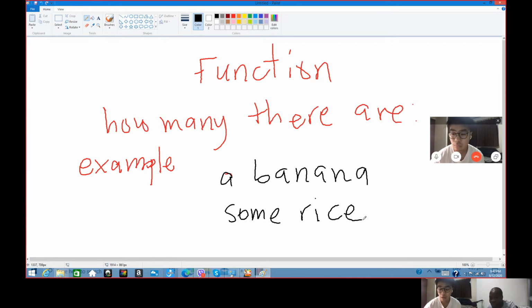We don't say, do you have a rice? No. We don't use a with uncountable nouns. I will give you the grammar later on. Let's go slow by slow. I don't want to come in with a different idea. So when I say some rice, it means many. When I say a banana, it means only one. So an article tells how many there are. Let's go to the next one.